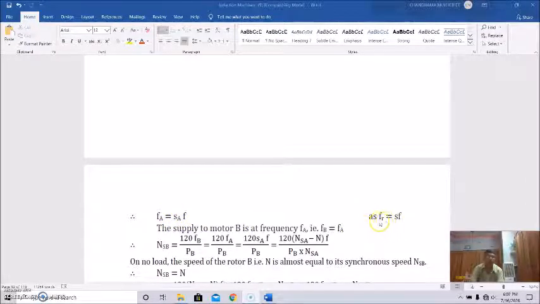From this relationship we know that the rotor frequency equals the slip times the supply frequency.